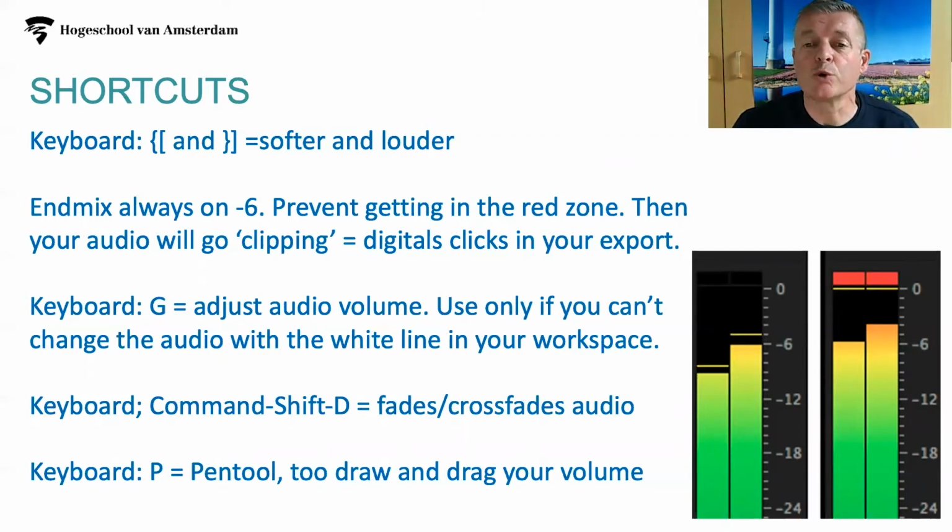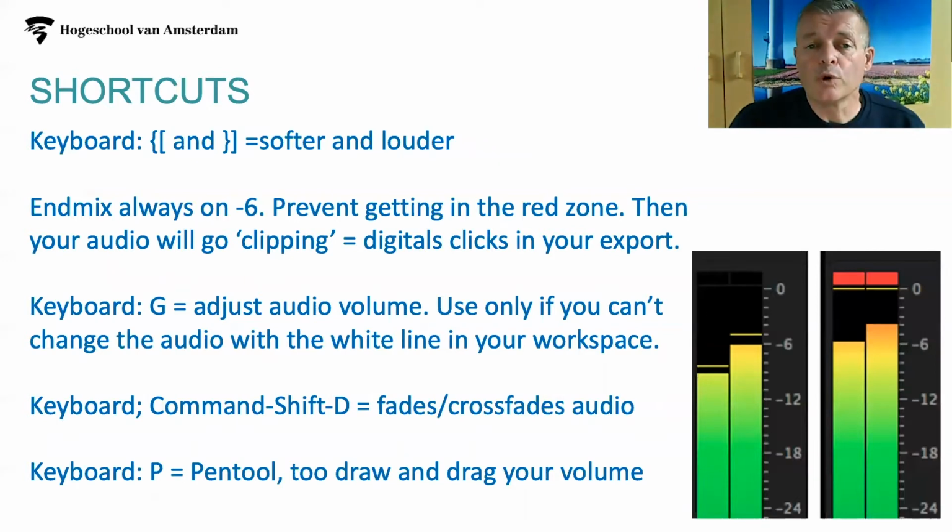You'll hear digital clicks in your exports, and that is very nasty. And why -6? Well, that's the standard in video and TV land, so as a viewer you don't have to turn your volume up or down all the time if an editor didn't do his or her job right.